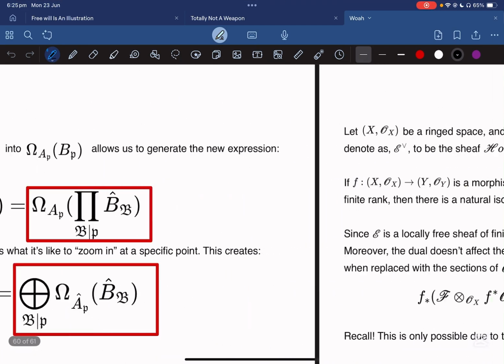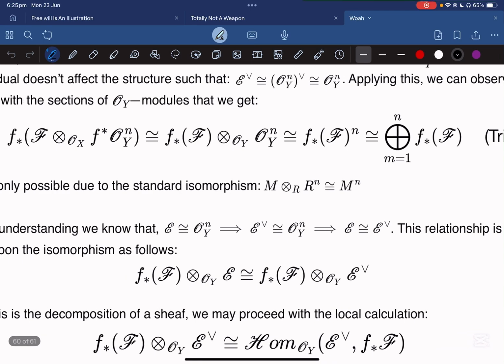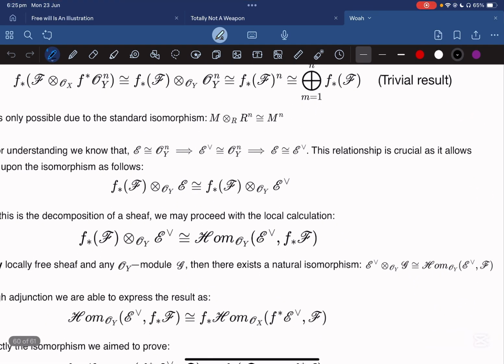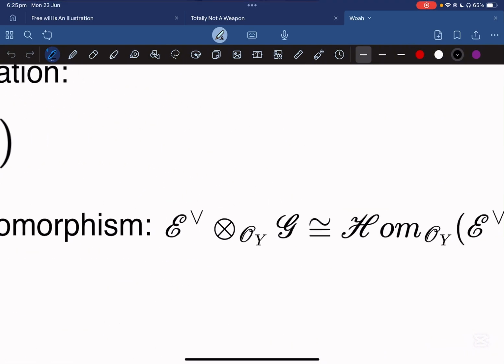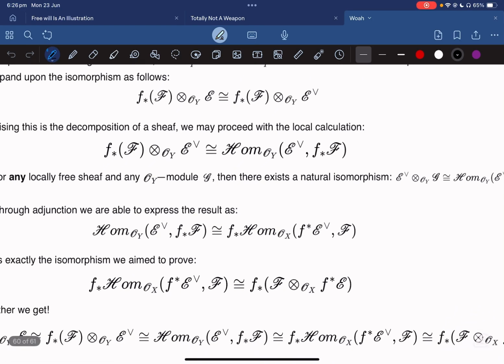I made a note of this particular tensor product rule, and then, using what we wrote before, the decomposition, here's our example. Whoops, there's a typo there. That should be an F, not a G, but that's okay.